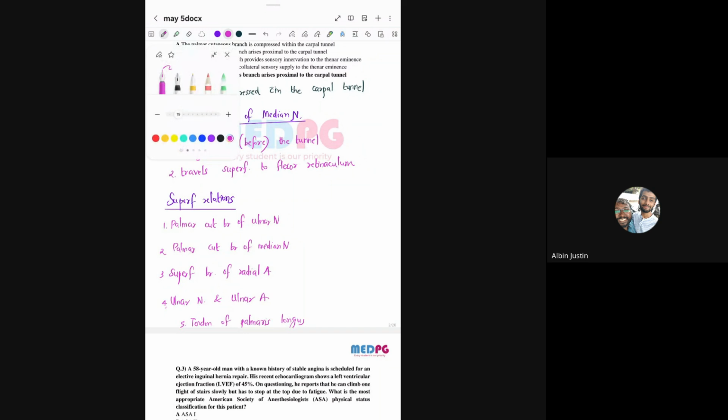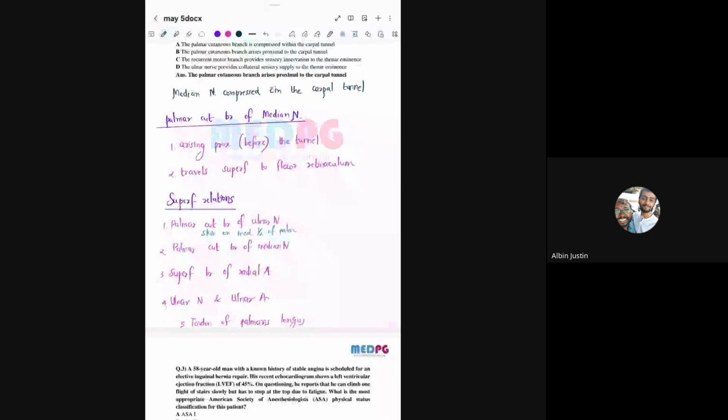Now, what is significant about the palmar cutaneous branch of the ulnar nerve? It supplies the skin on the medial half of the palm. And what goes under? You have the median nerve, the tendons of FDS and FDP, the deep slip of the flexor retinaculum, and flexor carpi radialis.